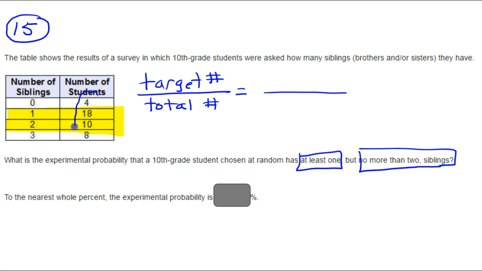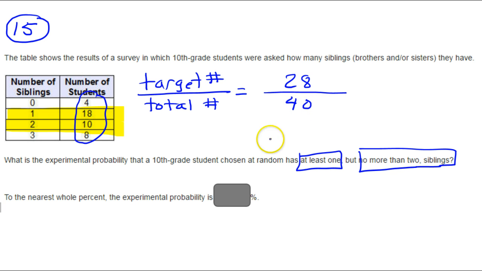Well, the total number of outcomes is just the total number of students here. All right, if you add all those up, you get 40. Now the target number, we already highlighted that, so that's 28, 18 plus 10. So 28 students with the target number of siblings, divided by the total number of students, which is 40.